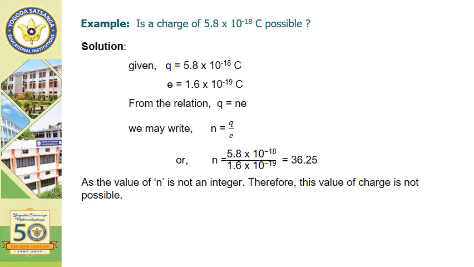Again, from the quantization relation Q equals ne, we get n equals 36.25, which of course is a fractional number. So as the value of n is not an integer, we can conclude that this value of charge is not possible.